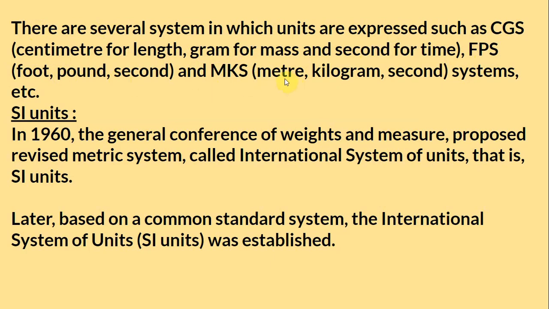And MKS: meter, kilogram, second. Meter is for length, kilogram is for mass, second is for time. Also there is the SI unit. This is the fourth type of system.